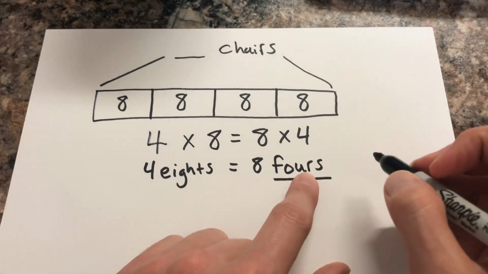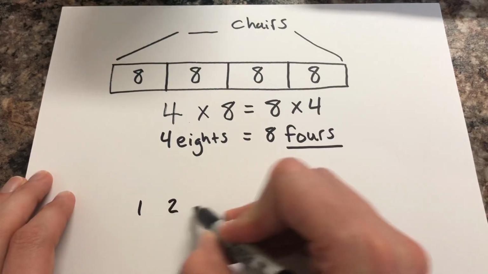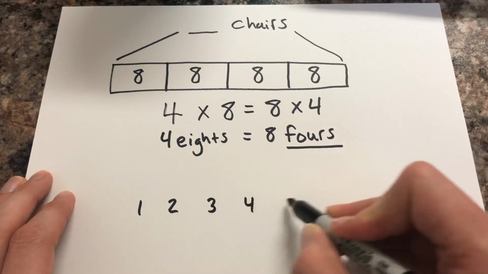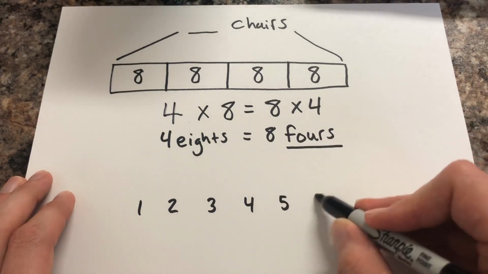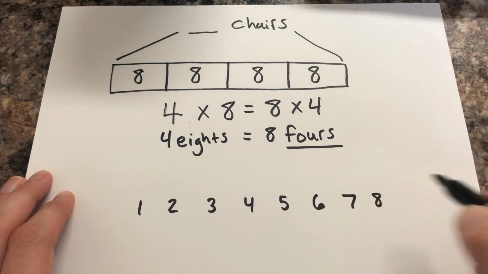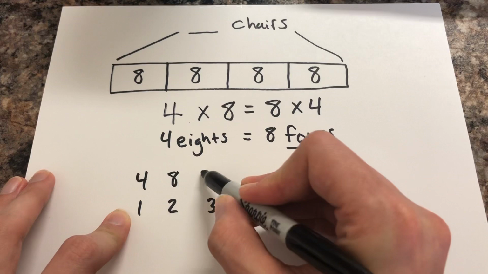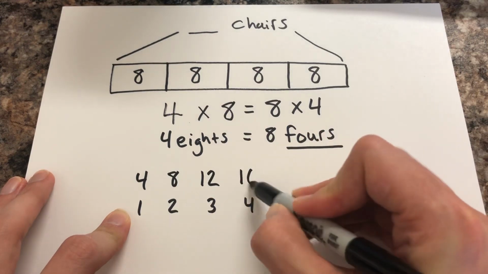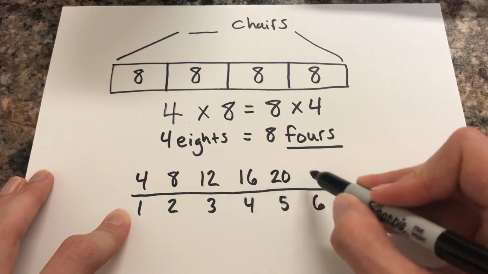So let's count by 4s, 8 times. Let me put my 8 out here, because we're going to be counting by 4s 8 times. Okay. Start with 4, add 4 more, 8. We just keep adding 4s.